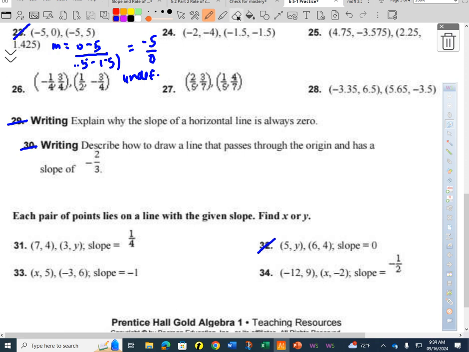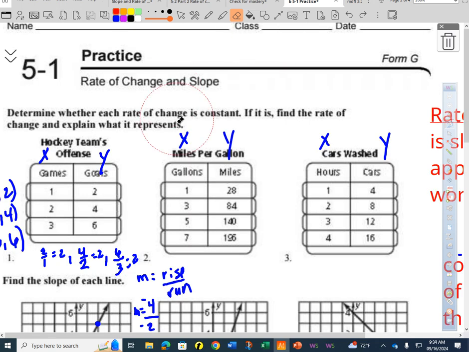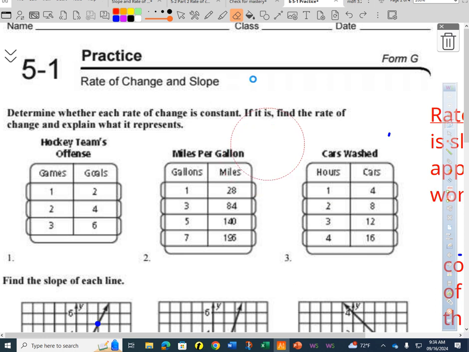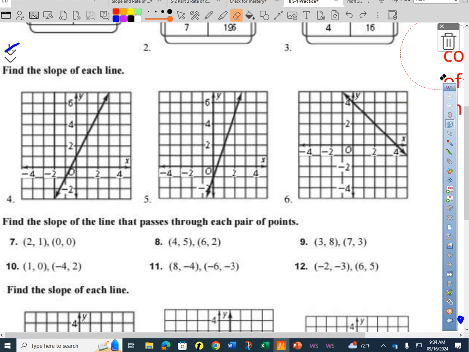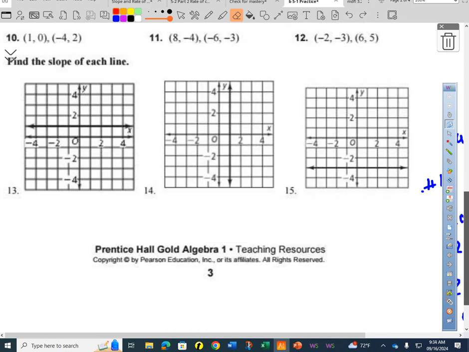I'm trying to keep track of the ones I did with first period, so we can kind of do the same. And we're going to use these to do our notes with. This is 5-1, part 2. The name of this section is rate of change and slope.